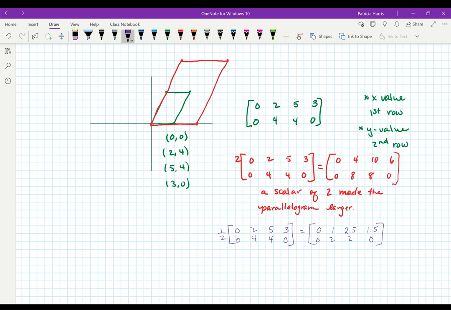Okay, so if I multiply it by 1/2, I get 0, 0, 1, 2, 2.5, 2, and then 1.5, 0.